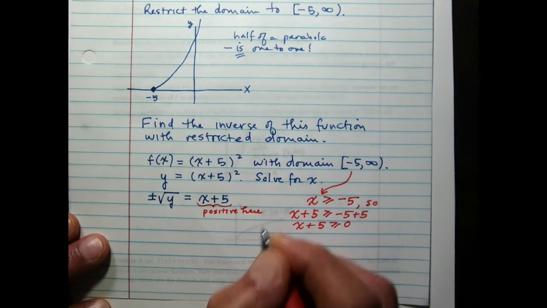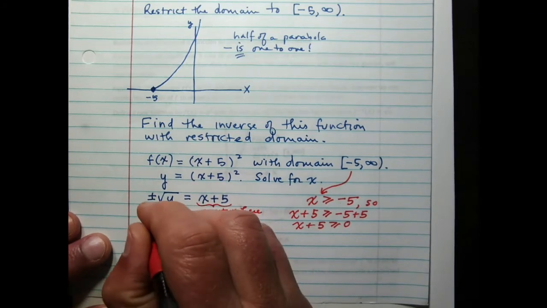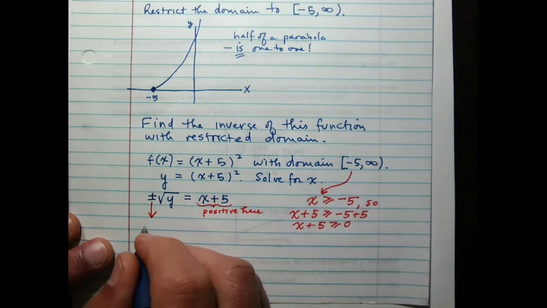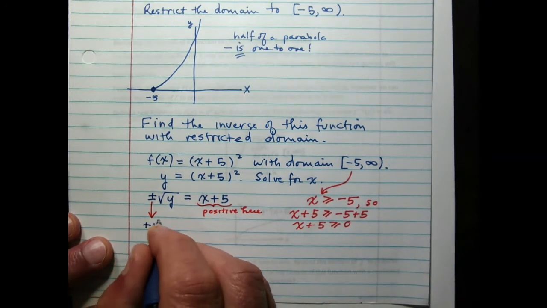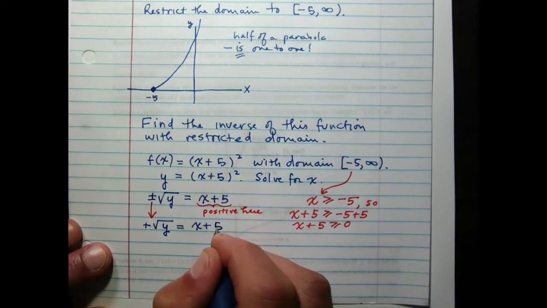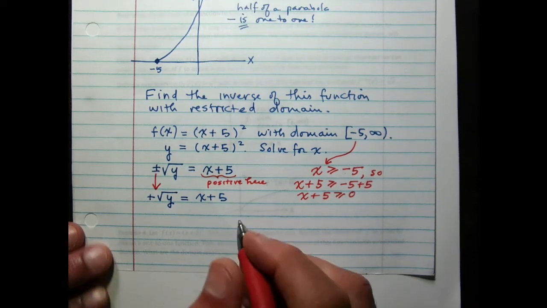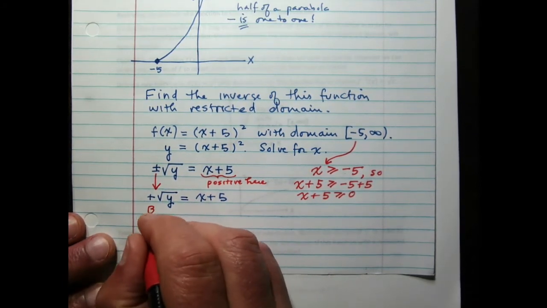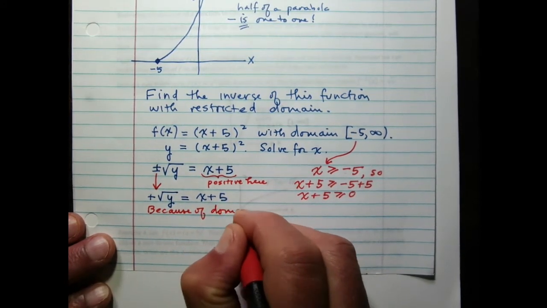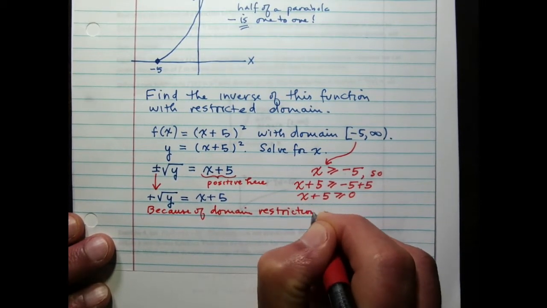And so that means we know with this restricted domain, we want the positive square root of y. And that's because of the domain restriction. I know that's a real subtle argument.